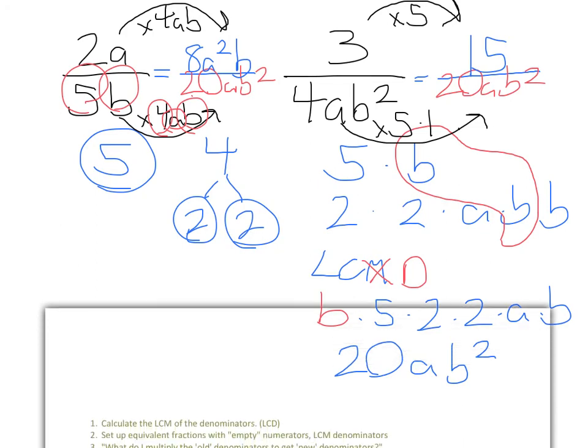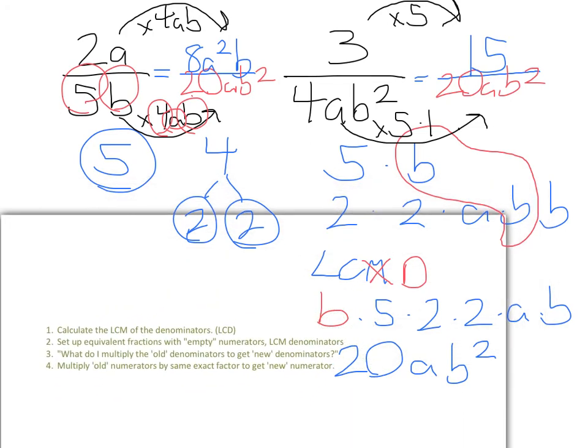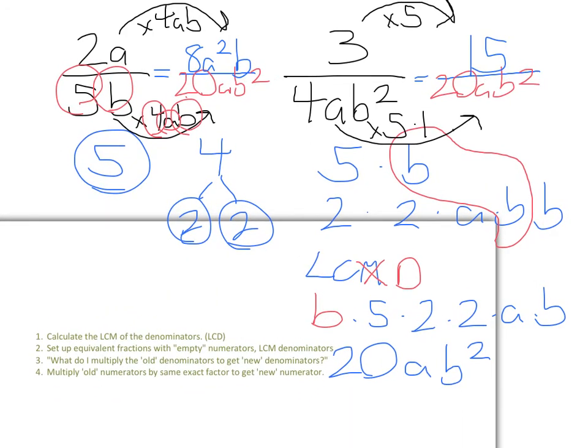To summarize, here we go, right here. What we did first was we calculated the LCM of the denominators, which we called the LCD. Then we set up equivalent fractions with empty numerators and LCM denominators. Empty numerators, you might remember, were here and here, but the LCM were the denominators. Remember, the LCM was 20ab squared.